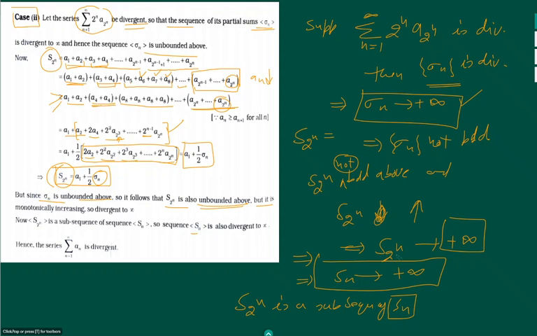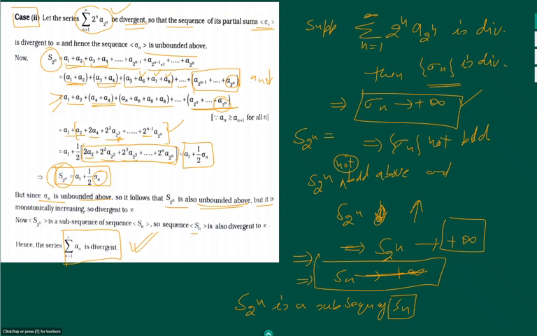So since S_{2^n} is divergent, S_n would also be divergent, and since S_n is a monotonically increasing sequence of positive terms, divergent means diverges to plus infinity. So the series of a_n must be divergent. Alright, so we have proved that if this series is divergent, then this series is also divergent.